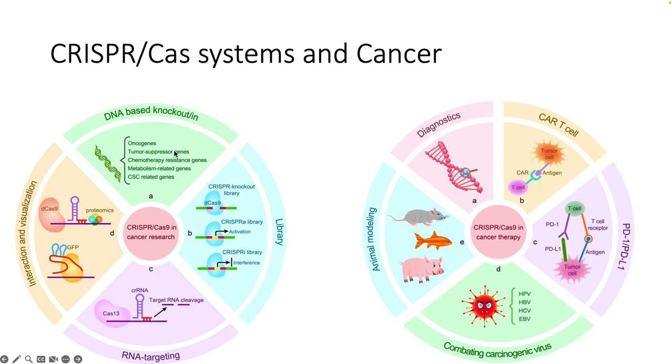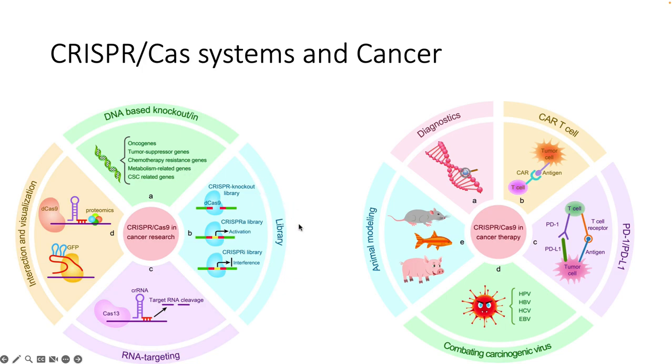Versus tumor suppressor genes, say you have a defective one, we could knock in a correct tumor suppressor gene. We could also knock in chemotherapy resistant genes to help relieve some of the bad symptoms that chemotherapy elicits. We could knock in metabolism related genes to help people's metabolisms.